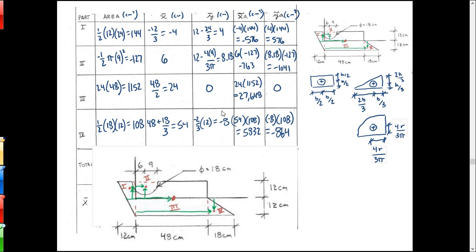And the X bar A is 5832. Okay. You got any questions on that?